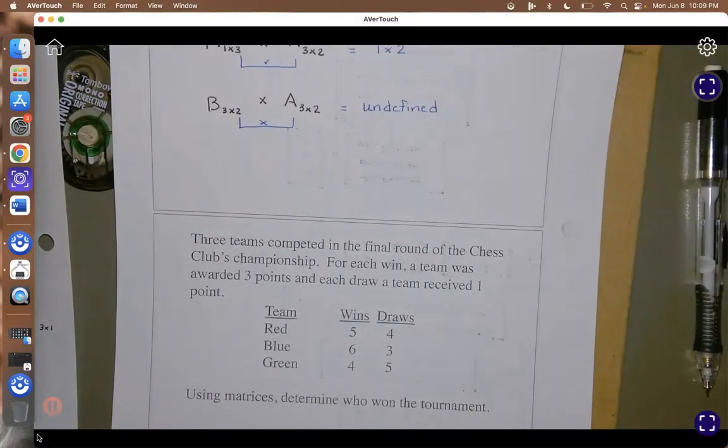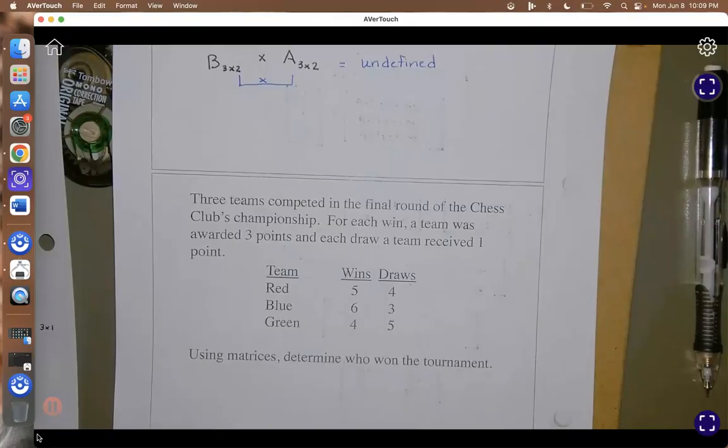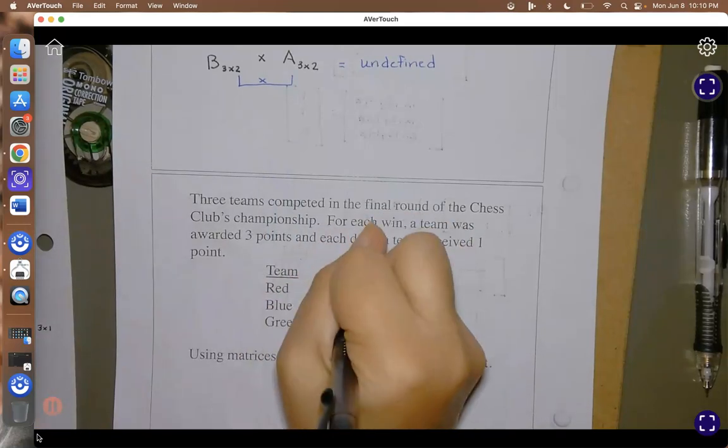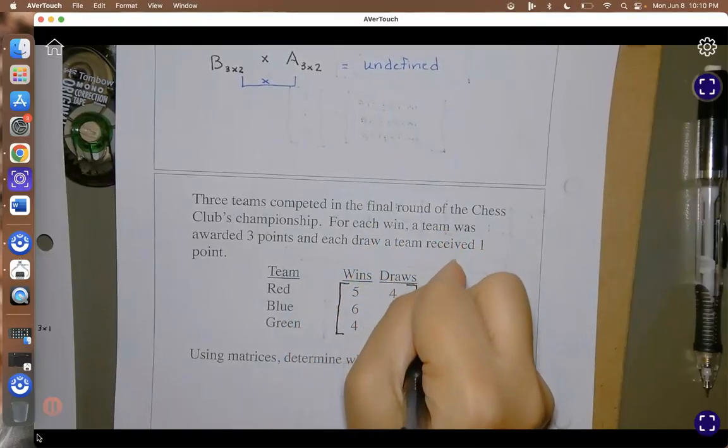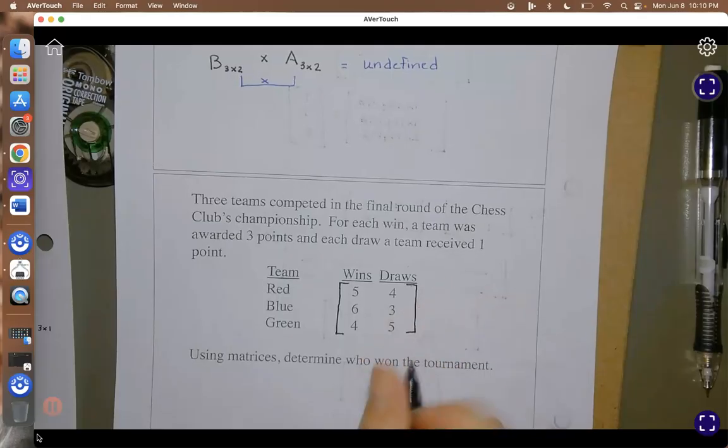Okay. Now, it says 3 teams competed in the final round of the chess club championship. For each win, a team was awarded 3 points, and each draw, a team received 1 point. Okay, so basically we have this right here.